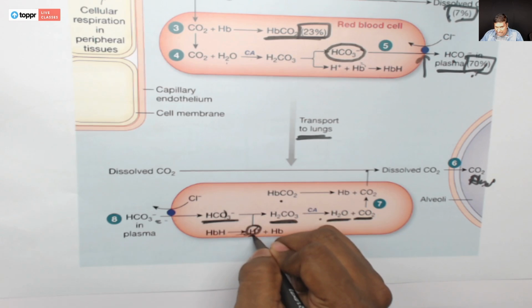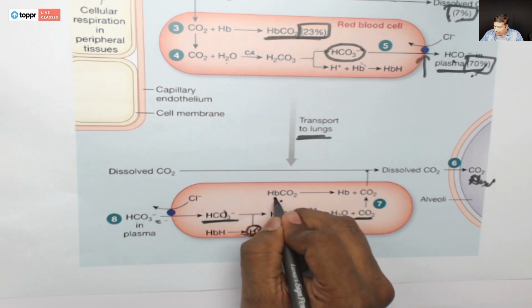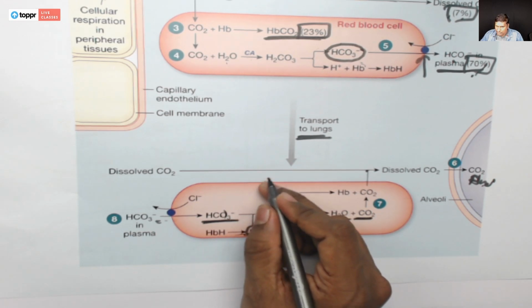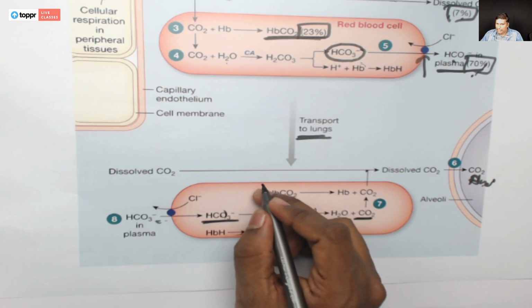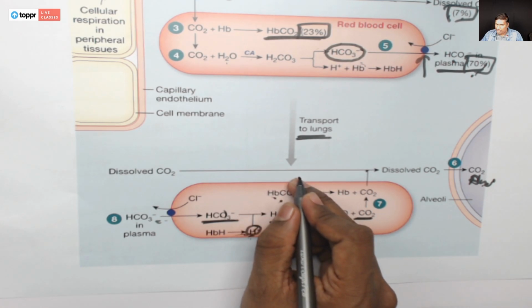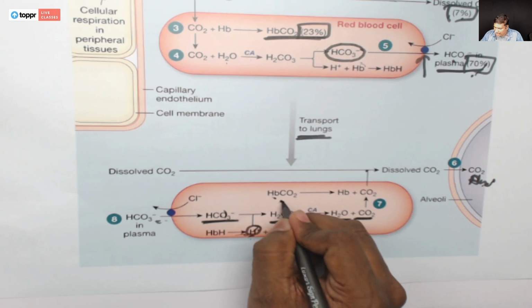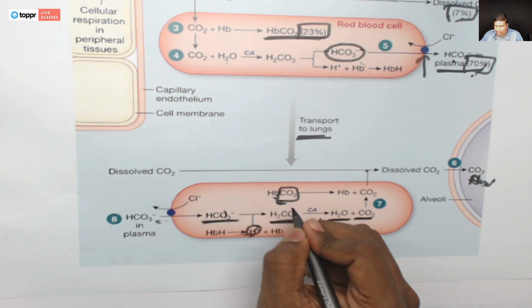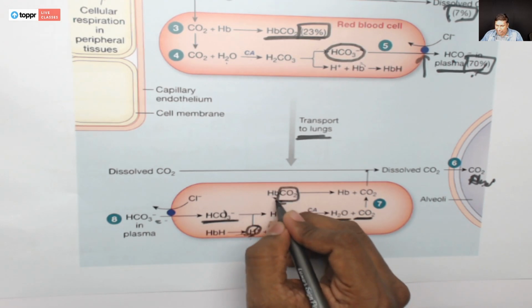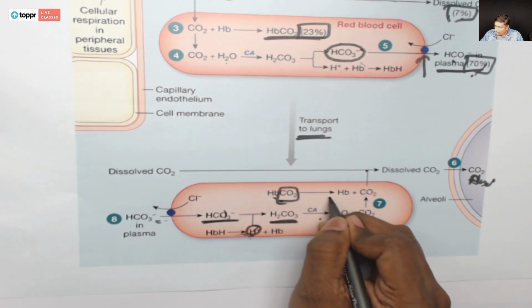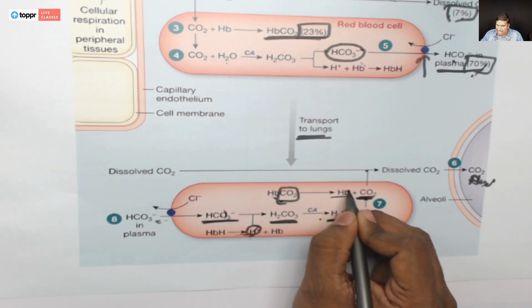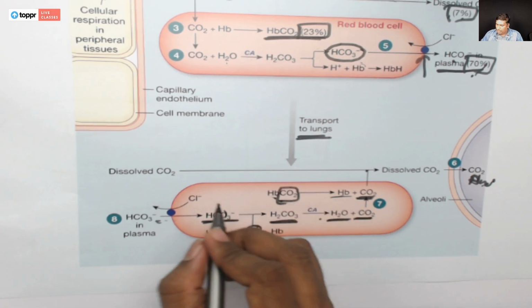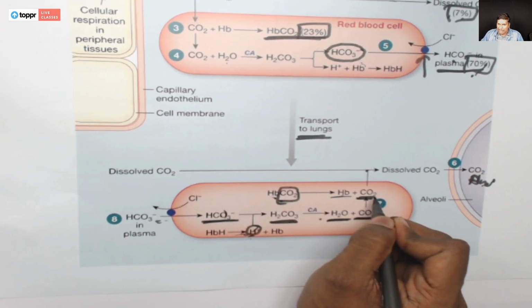Now when the protons are released from HbCO2, what will happen? The conformational change of hemoglobin goes back to its original. The hemoglobin will revert back to its original shape. When it reverts back to its original shape, it can no longer bind the CO2, or its affinity for CO2 will go down. So the 23% CO2 which is actually bound to the hemoglobin is also released.